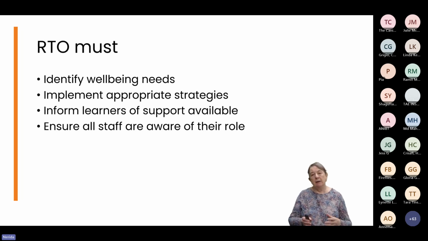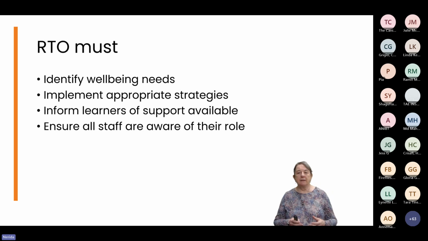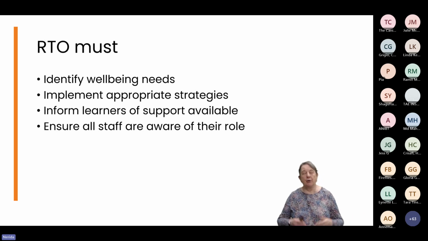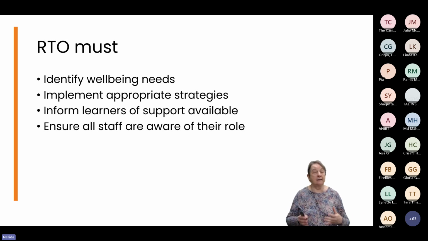And then putting the right support into place, whether that's internal help, maybe we need to do referrals to outside services. Making sure learners actually know what support is available and how to access it. And of course, making sure our trainers and assessors understand their role in spotting issues and pointing learners in the right direction.